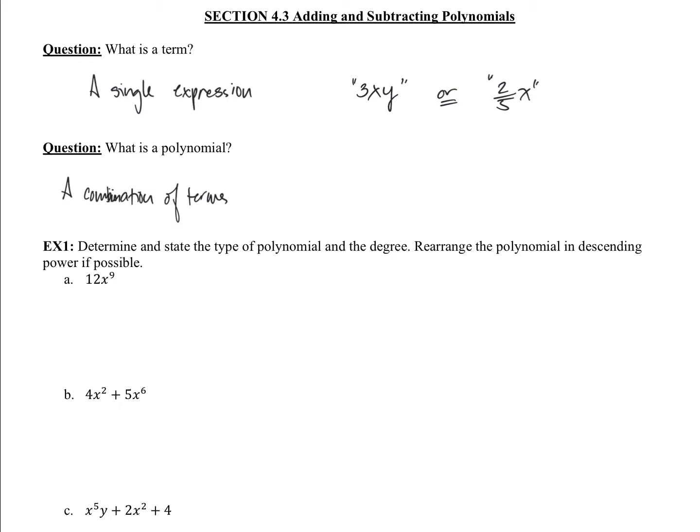Generically, though, it's a combination of terms, and basically, they're separated by a plus or minus sign. So, for example, 3xy plus 2 over 5x. If I took the terms from above and just put an addition sign, I have created what we would call a polynomial. And this is a polynomial with two terms.